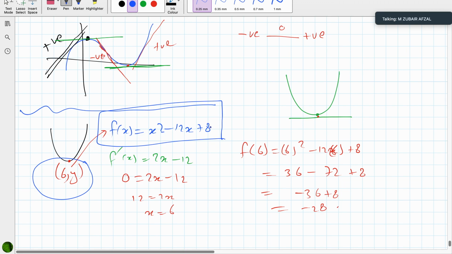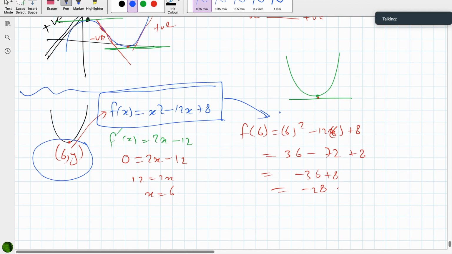For f dash x, that was a constant, so that is removed. But in the original equation, it stays there. So the turning point is 6 comma minus 28.